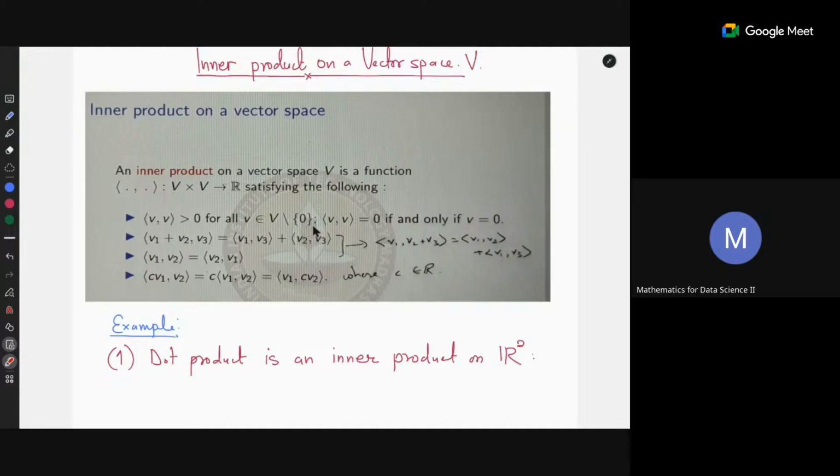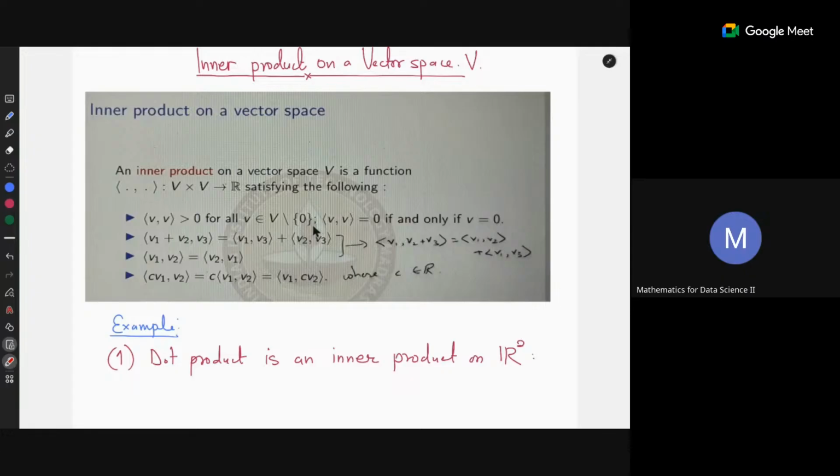The inner product of a vector with itself is always positive unless the vector itself is 0, and it is 0 if and only if the vector is 0. So these are the four conditions one needs to prove to say that a given real valued function on a product of vector space is an inner product.